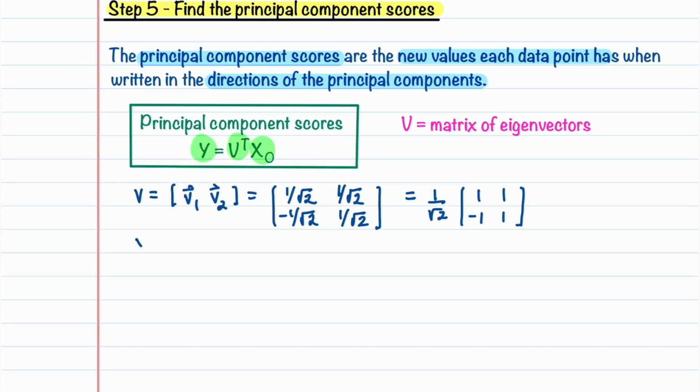Now let's go ahead and compute Y. We have V transpose. Let's bring out the 1 over root 2 first, and now we'll take the transpose of matrix V. Our first row becomes our first column, and then our second row is our second column. And then we're going to multiply this by our centered data matrix, and that matrix looks like this.